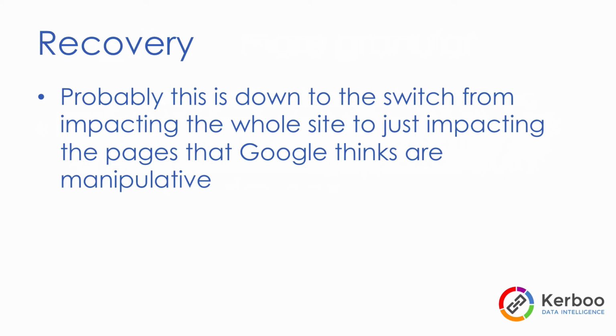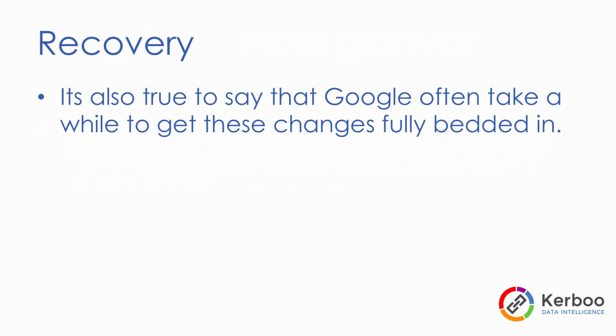Now, the original recovery, I think a lot of that probably is down to the switch from impacting the whole site to just impacting individual pages that Google think are manipulative, or the links pointing to those pages. But it's also true to say that it often takes Google quite a while to bed these things in. So that's when you often see the fluctuation in the very early days.